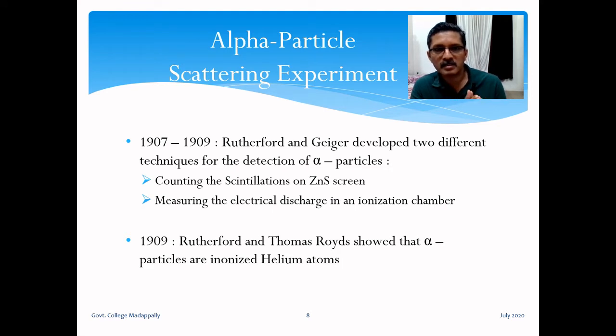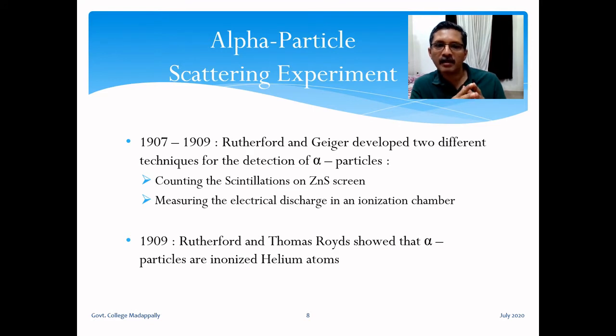counting scintillations on a zinc sulfide screen. Scintillation means bright spots. So when alpha particles are incident on a zinc sulfide screen, they produce bright spots or scintillations, and these scintillations can be counted. That was one technique. The second one was measuring the electrical discharge in an ionization chamber. They designed an ionization chamber for that, and when an electric discharge is produced, it means that an alpha particle has passed through that chamber.